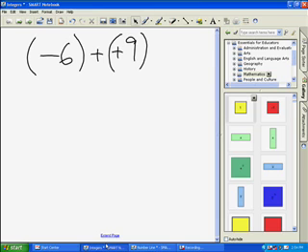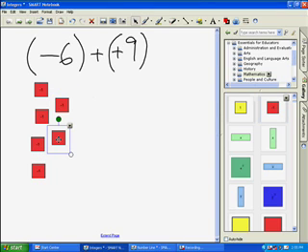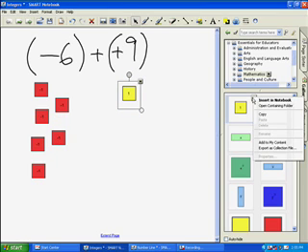All right? So same thing as before. We're going to work from left to right, and we're going to represent this. So we're going to bring out 6 negatives. Plus positive 9. So we're going to bring out 9 positives.